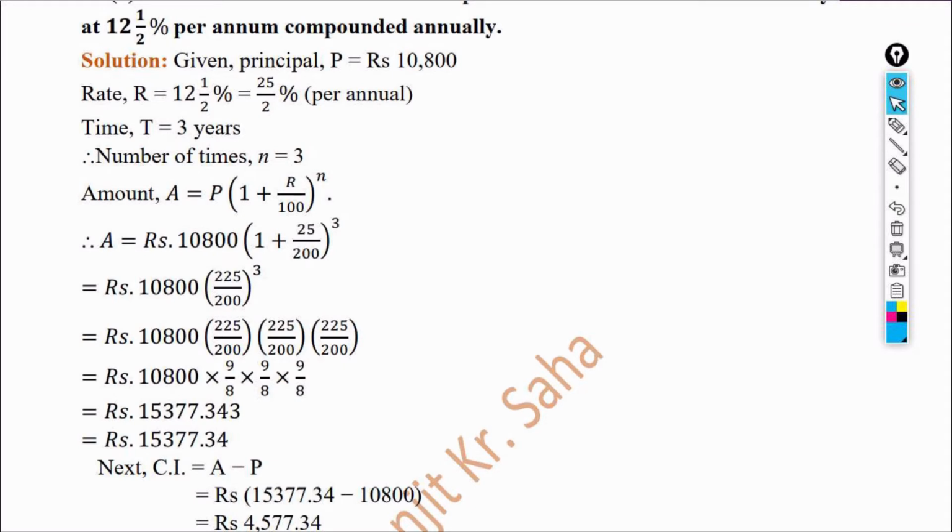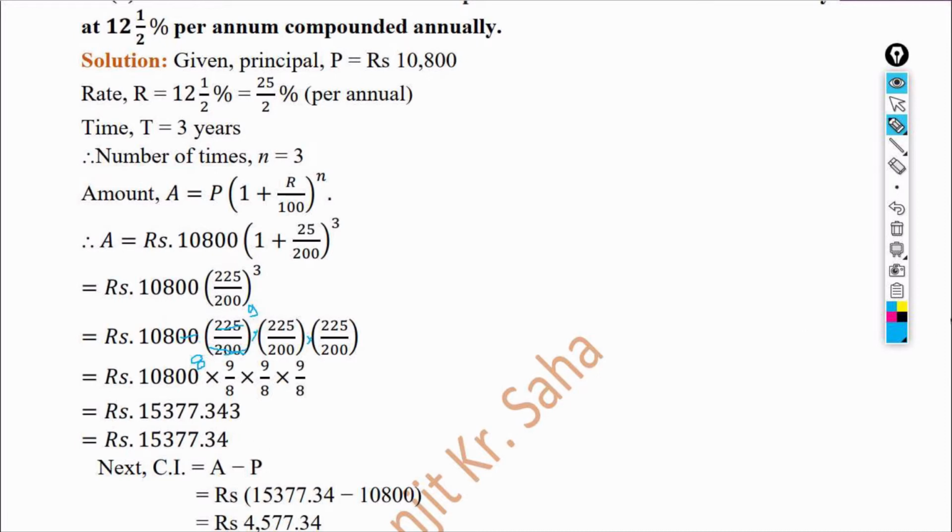Now can we write rupees 10,800 into 225 by 200 into 225 by 200 into 225 by 200. Now you can cancel 2 zeros here, or simply you can write 25 eights are 200 and 25 nines are 225.